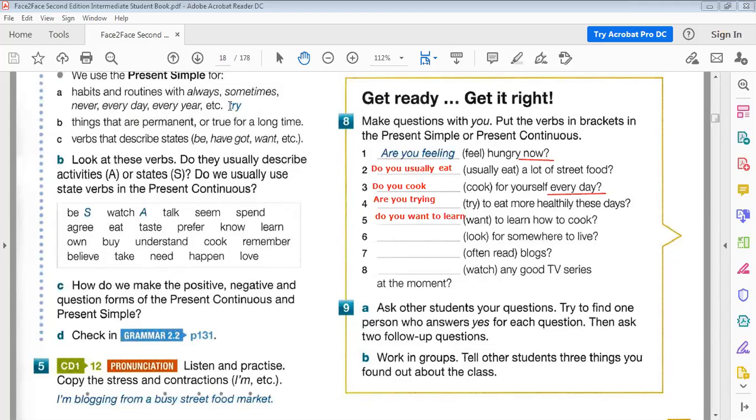Maybe he already planned to live somewhere. Yes. You mean if we use it with the present continuous?